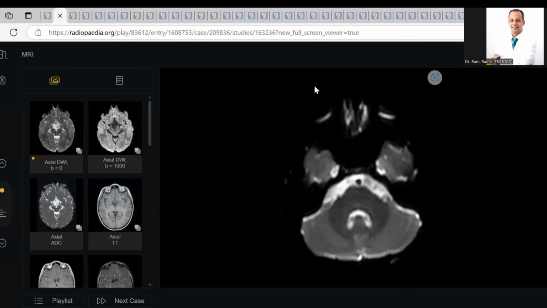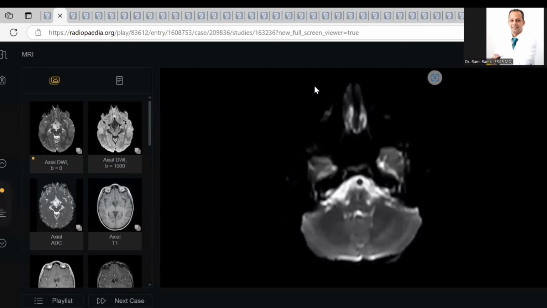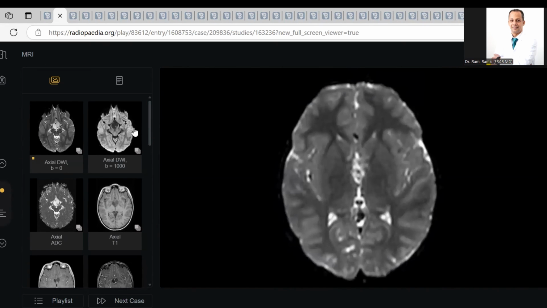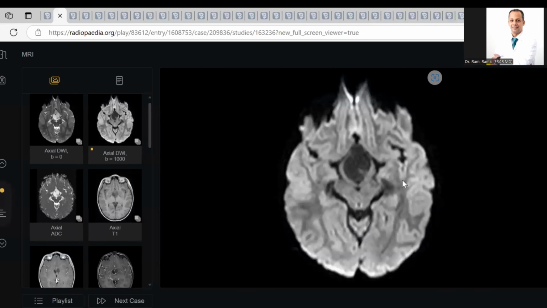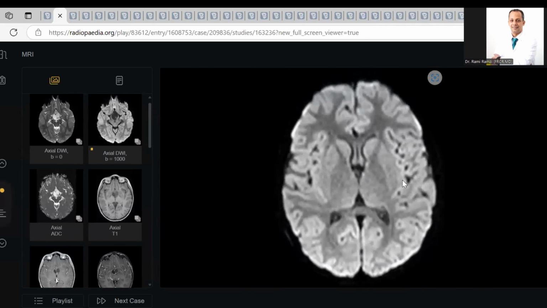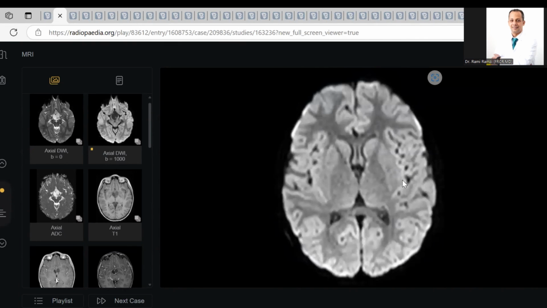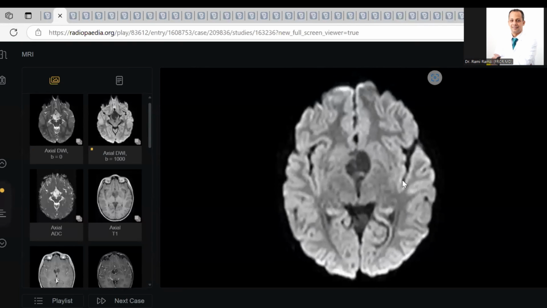I can see a multilocular cystic lesion in the suprasellar cistern region, and the cyst is extending up to the prepontine cistern. I would like to see the diffusion weighted images. On diffusion weighted images, I don't see any restricted diffusion, so I can rule out epidermoid cyst by looking at this.